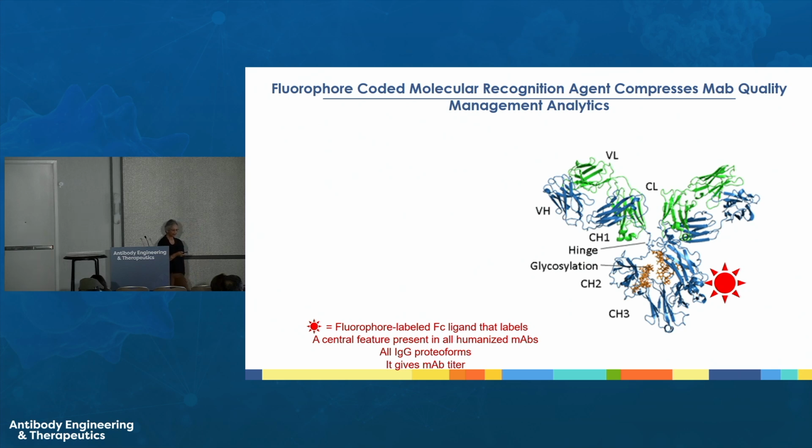So if you use a fluorophore-coded molecular recognition agent, you can actually compress mAb quality management analytics.